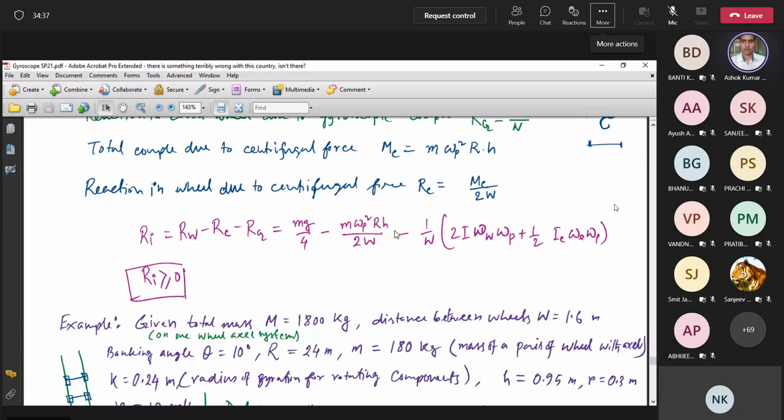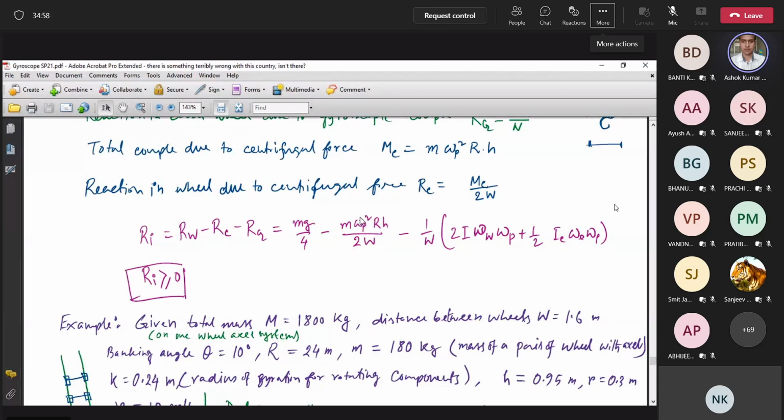But if it is less than 0, then there is some problem. The vehicle will topple. So that depends on all these quantities.